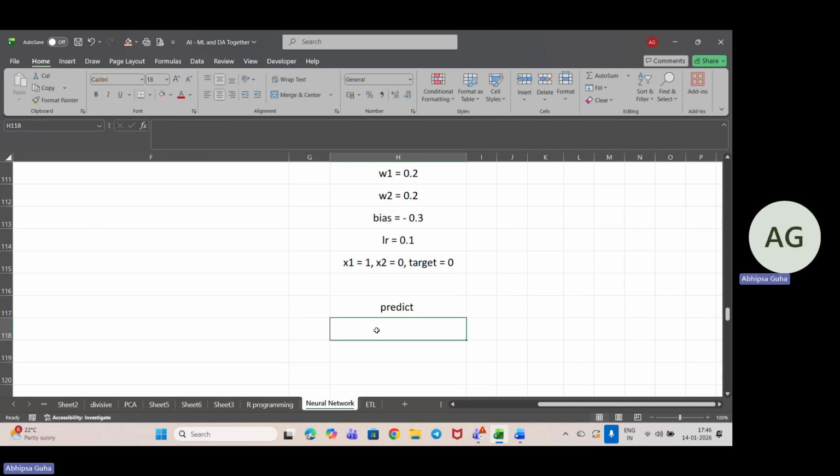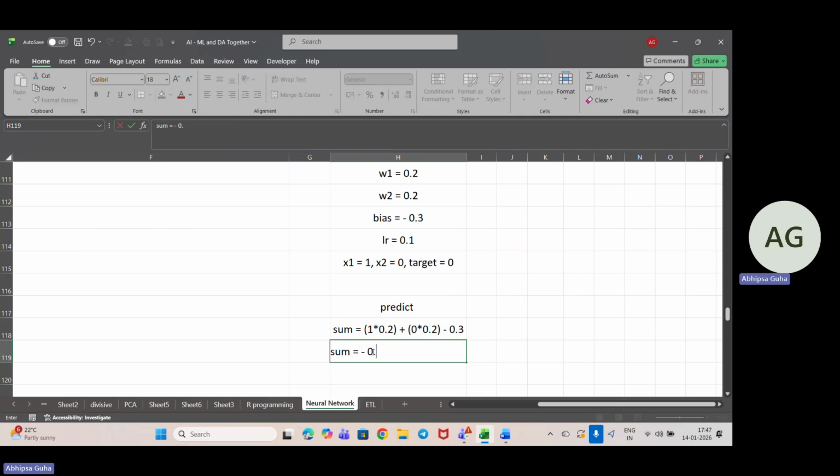That is the sum, that we are doing as 1 into 0.2, because my weight value is 0.2, plus 0 into 0.2, plus bias, that is minus 0.3. So my sum is coming out as minus 0.1.